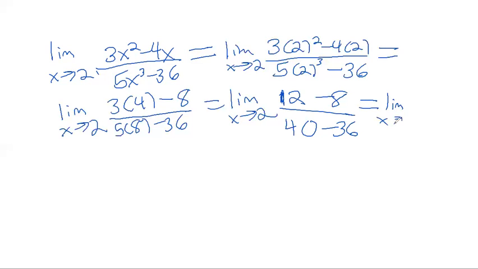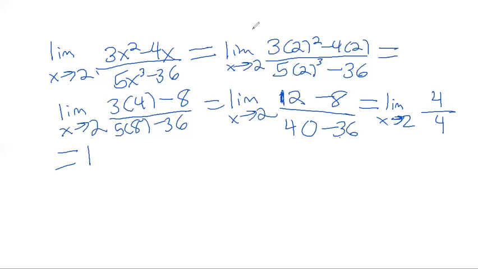So then that gives me 12 minus 8 is 4, and 40 minus 36 is also 4. So therefore, it all just winds up equaling 1. So the limit as x approaches 2 for this rational function just equals 1.